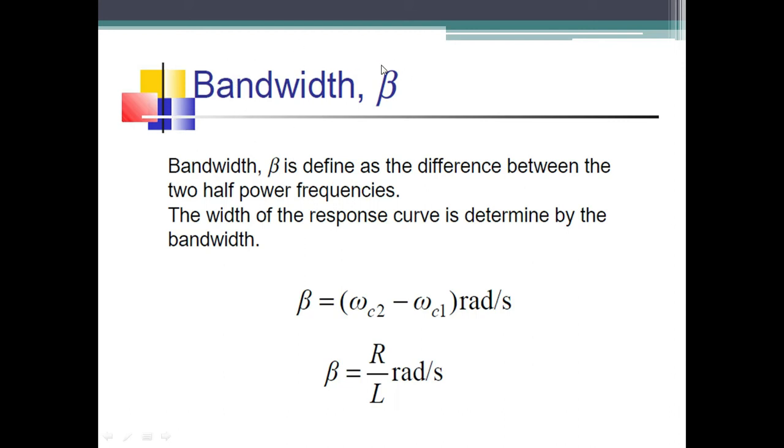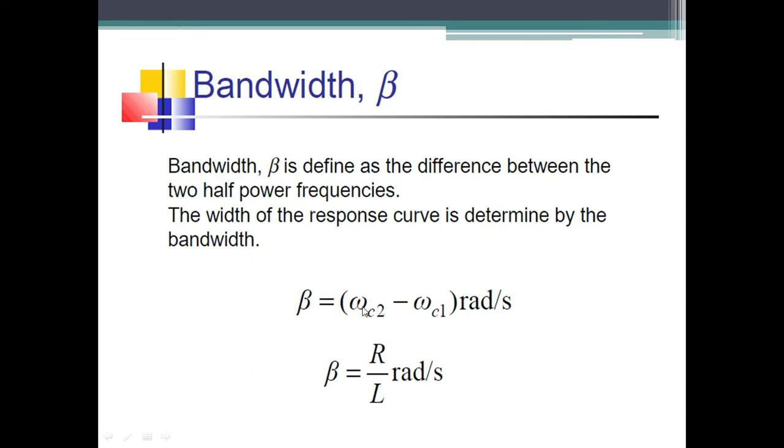What is the bandwidth? Bandwidth, beta, is defined as the difference between the two half power frequencies. The width of the response curve is determined by the bandwidth. That's why beta is equal to omega C2 minus omega C1 radians per second, and here beta is equal to R upon L radians per second.